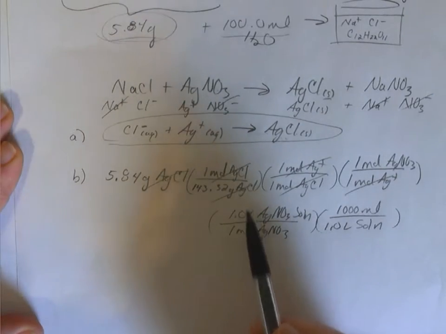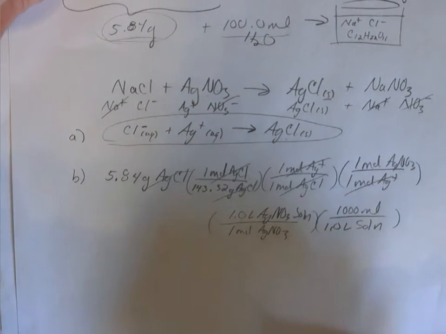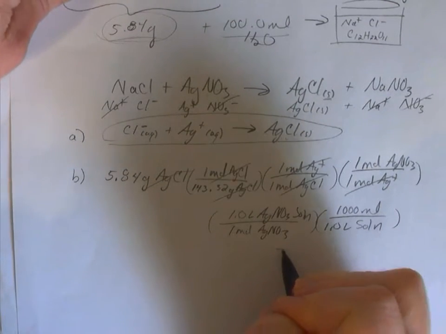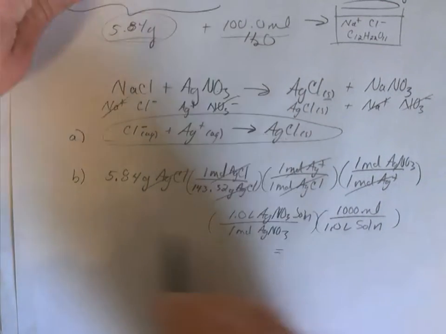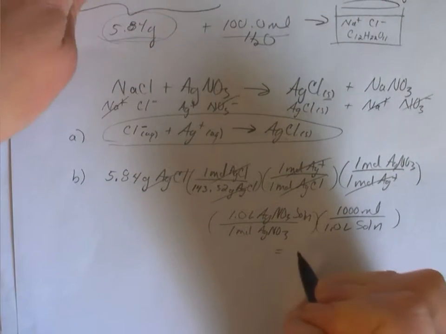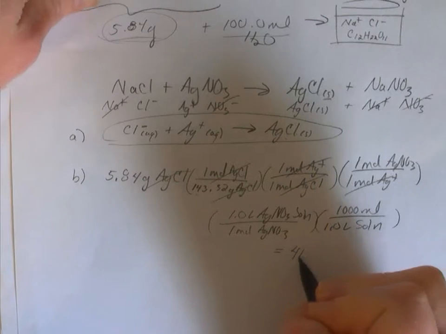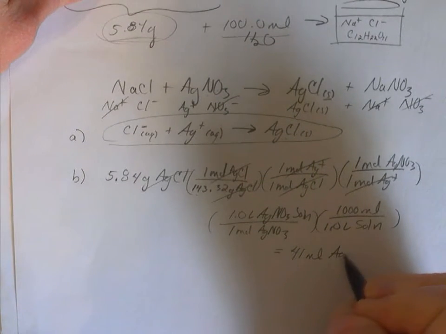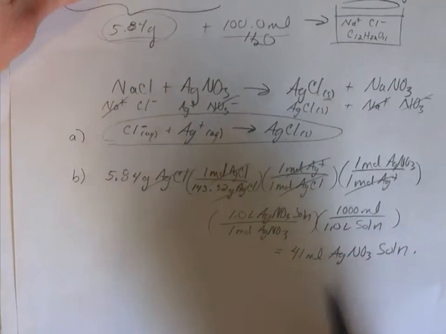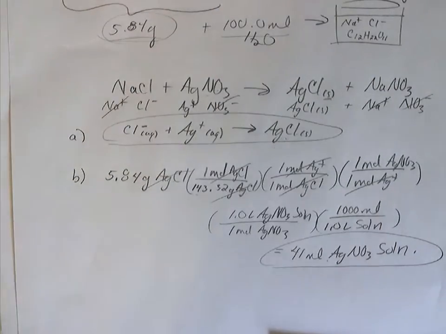This 1 molar limits us to 2. I don't think I saw that when I first worked out my key. This would limit us to 3, this limits us to 5. So actually, ladies and gentlemen, this should be 41 milliliters of silver nitrate solution. And I want to make sure that it's clear what my answer is, so I'm going to circle that.